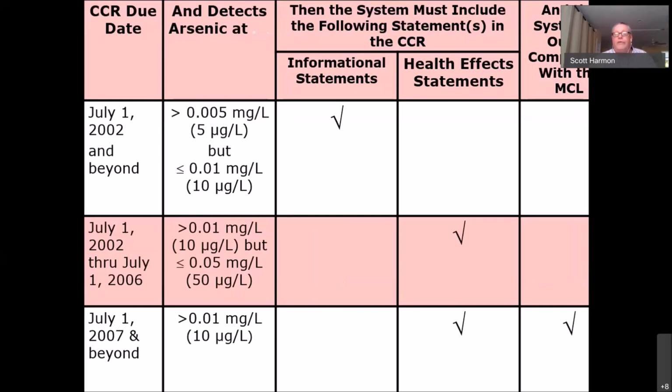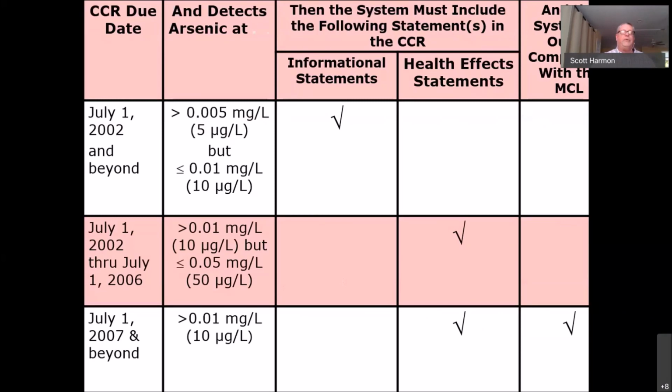So even if you're meeting the MCL, you're required to do these things. EPA believes that the customer should be provided the most current understanding of the risk potential for arsenic. Currently, systems must include health effects information for sampling. I'm not going to go through all the different things that get included with that. You can read that spreadsheet and understand the different information that's going to be required.